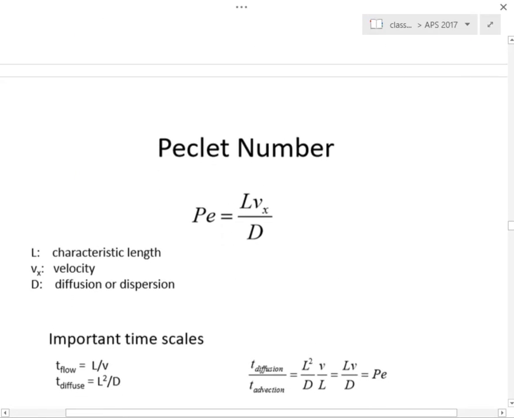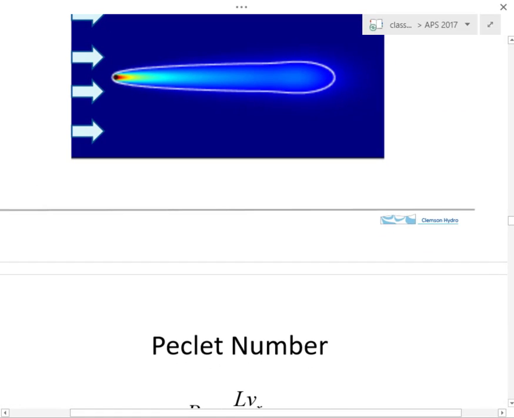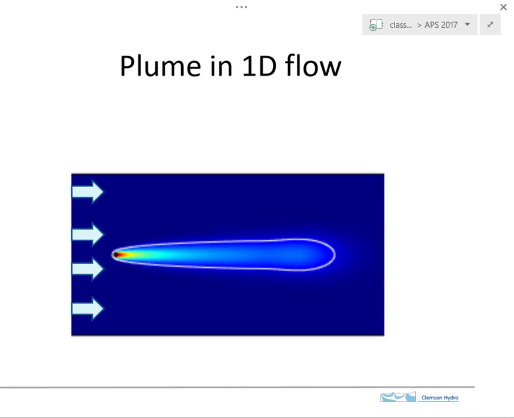Okay, so let's now take a look at a plume in 1D. So we've got just a uniform flow, and then we've got a little source right here of mass, and as the flow goes through that, it dissolves out the mass, and then we produce a plume that looks like this.